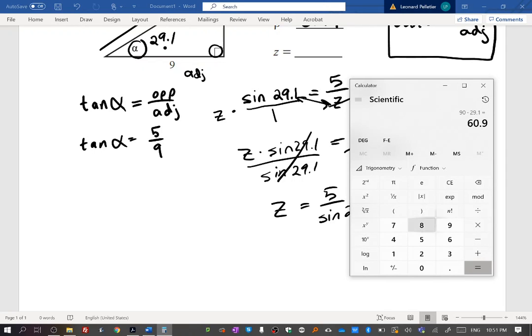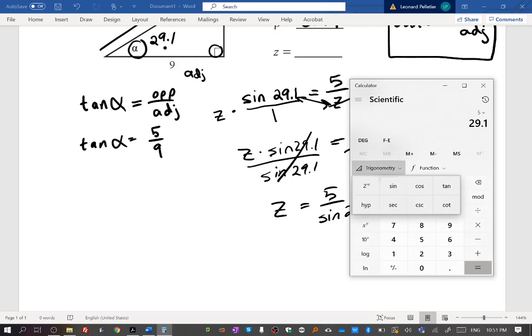So we have 5 divided by sine of 29.1. This time we're doing sine, not inverse sine, because we have the angle and we're looking for the ratio.